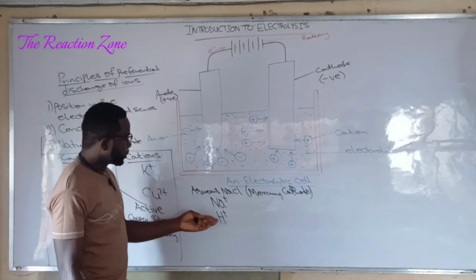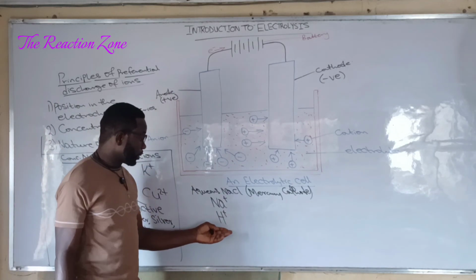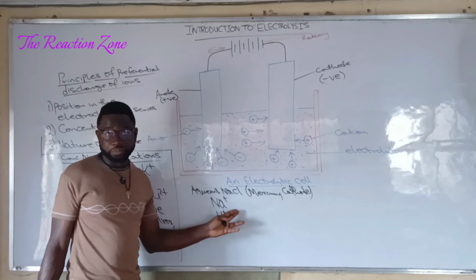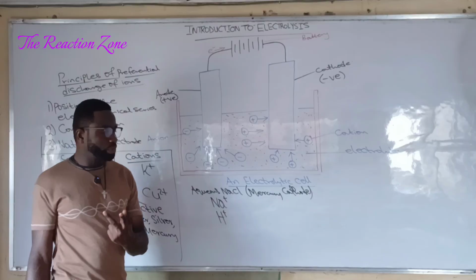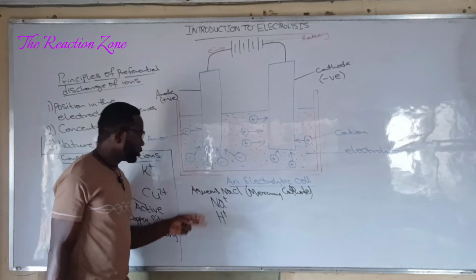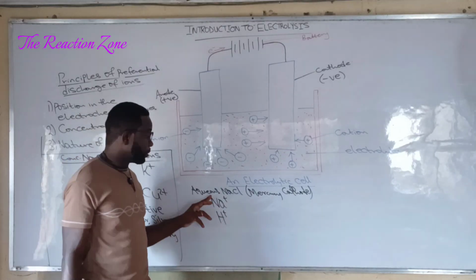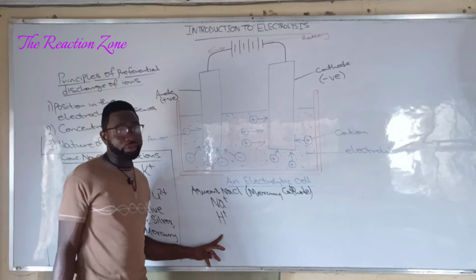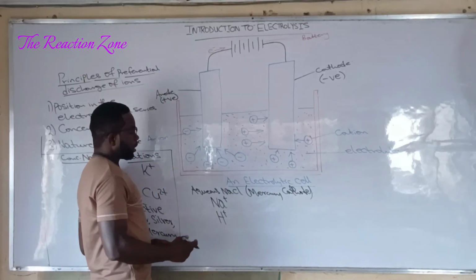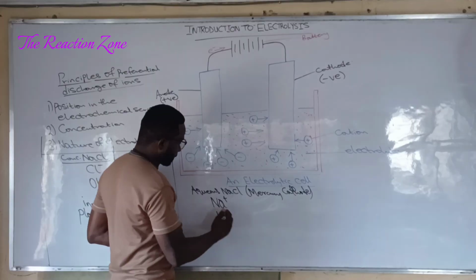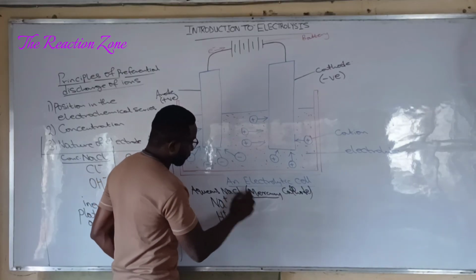Ordinarily, hydrogen ion is supposed to be deposited in preference to sodium ion because it is lower in the electrochemical series. But this does not happen. Instead, sodium ion is deposited in preference to hydrogen ion. And the reason is because sodium has a strong affinity or likeness for mercury.